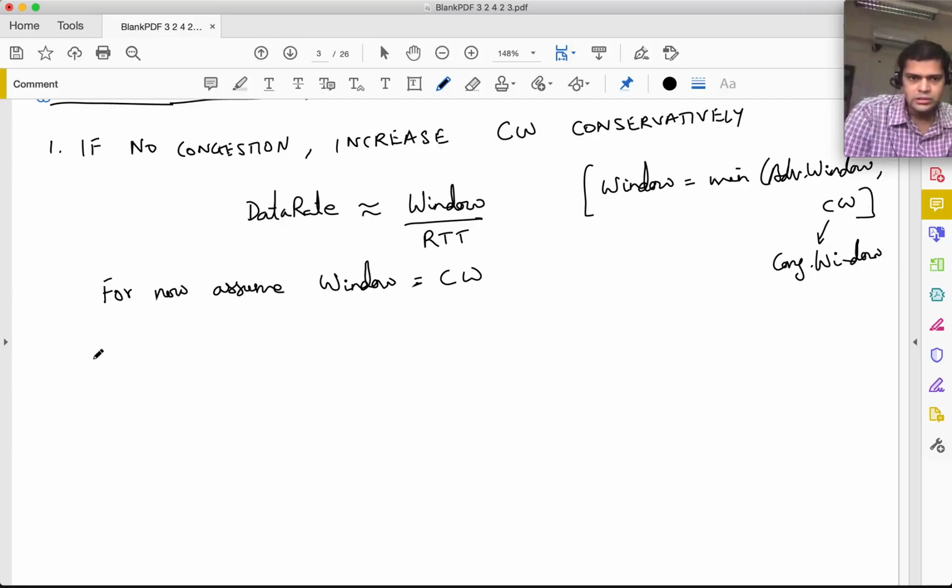So what researchers have suggested over the past is to do what's called an additive increase of the window size.